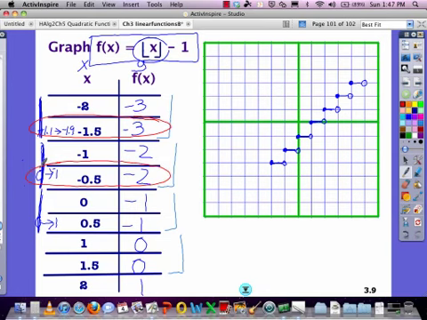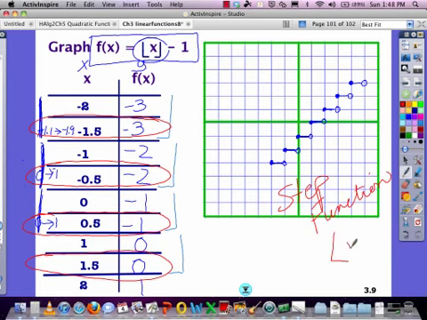All decimals that fall in between these whole numbers are key. And if you don't evaluate those correctly, you may end up with a mistake like we did in the beginning, and or you will have dots, and those dots should not be there. So this is where we say we now have a step function graph. And our greatest integer function is a key piece. Anytime you see that, you should be thinking step function graph.